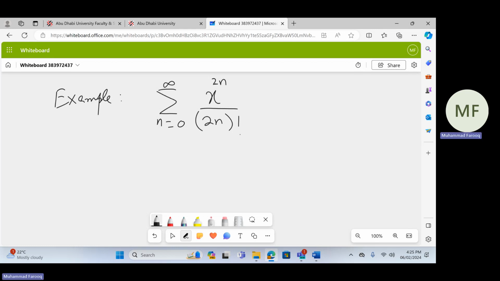This is centered about what? 0. Yeah, this power series is centered about 0, you're right. Anyway, please come on. First of all, apply the ratio test here. We want to know what it will be centered about, C?